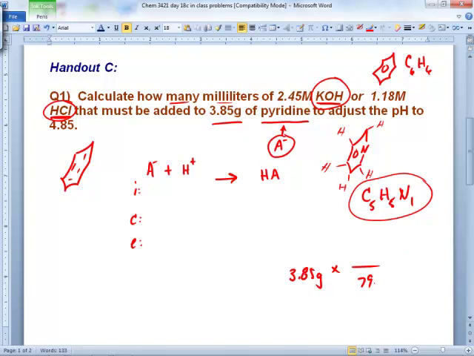Bottom, to get those grams to cancel. Grams per mole. Andy's right, we have to figure out the number of moles: 3.85 divided by 79 is about 0.0487.